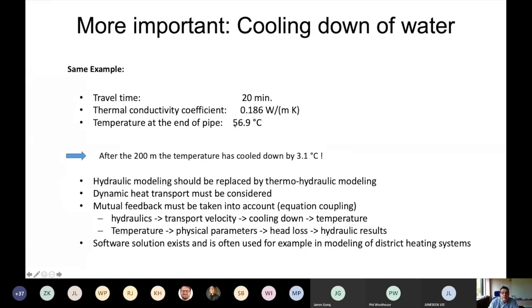And you can see that the temperature drops to 56.9, so there is a loss of 3 degrees in the system. So we have to understand how to improve the system. And for some complex systems, it could be difficult and a challenge.